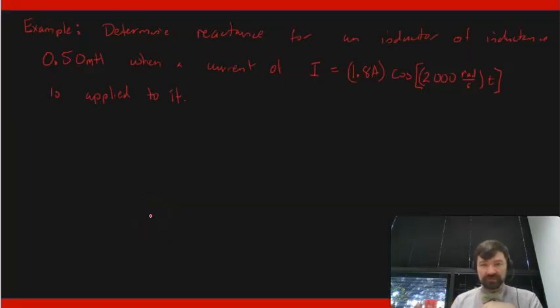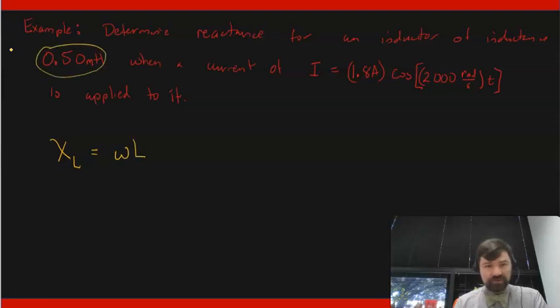So our first example is to determine the reactance for an inductor when a given current is applied to it, given the inductance. So straightforward example, chi L would be equal to, essentially we expect omega L. This right here actually is L, and this term right here that multiplies the time in the cosine is your omega term.